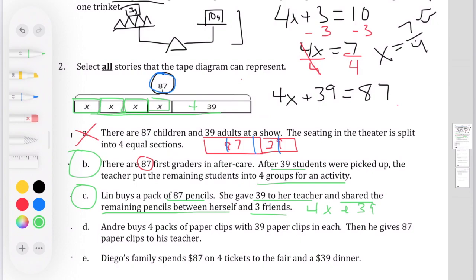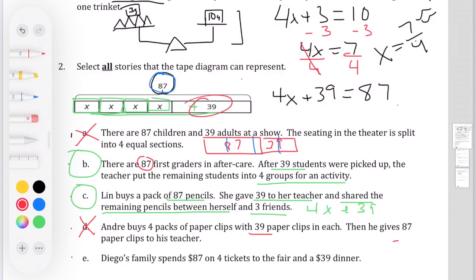Then letter D: Andrey buys 4 packs of paper clips with 39 paper clips in each. Then he gives 87 paper clips to his teacher. That isn't a total of 87. 39 times 4 is going to be greater than 87, and then they were subtracting 87 instead of 39. So that's not going to work right here.